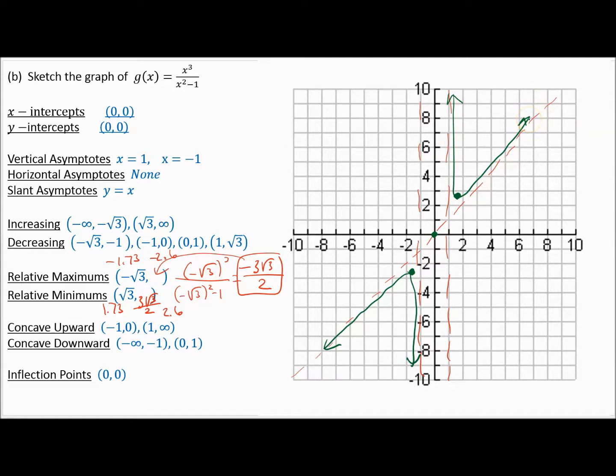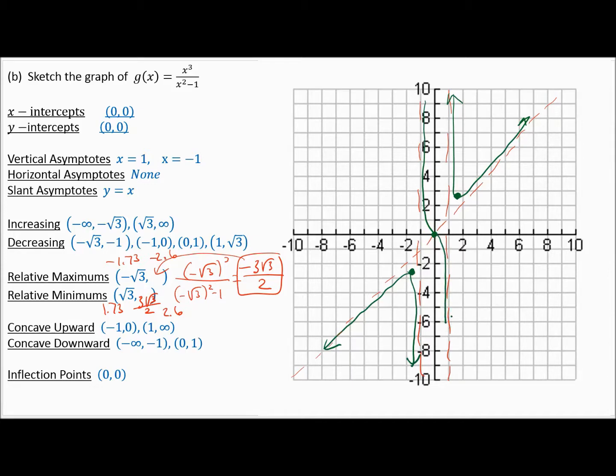Now, what about all the rest of the stuff? What about in the middle? Notice it says what's happening between negative 1 and 1. Well, down here, between negative 1 and 0, we're decreasing, so this graph has to be falling. What about between 0 and 1? It's also decreasing, so it's falling.